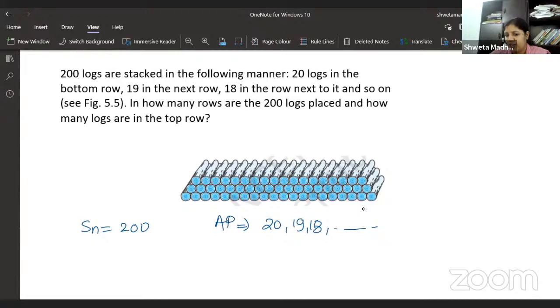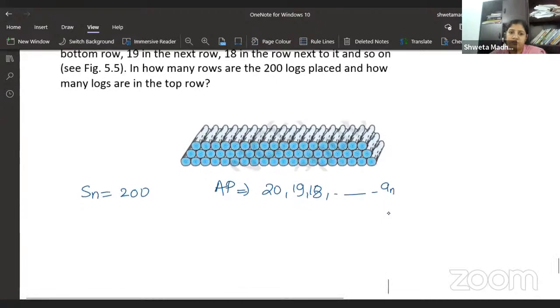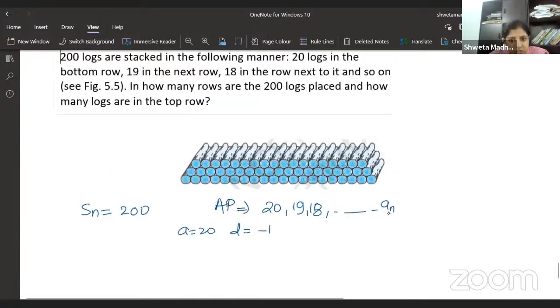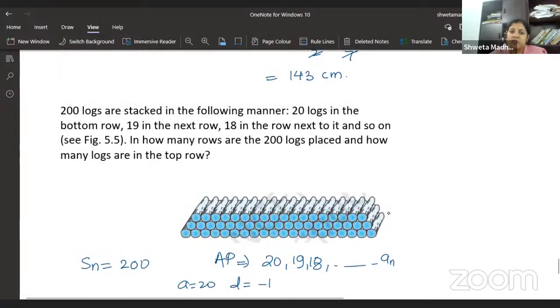The last one, the nth term, we have to calculate. And the total n, how many rows are there, that we have to calculate. So A is 20, D is -1.